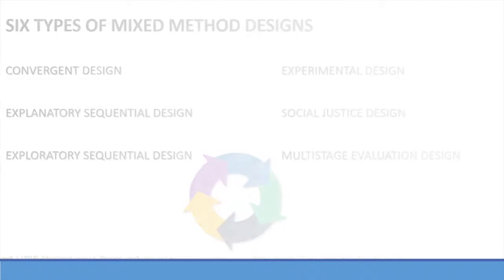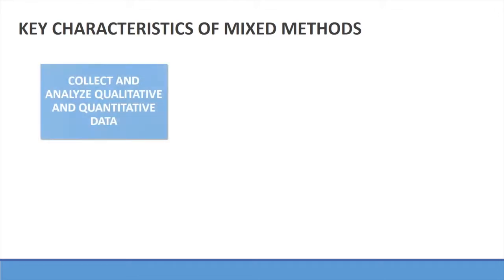There are 8 key characteristics of mixed methods designs. 5 are major characteristics. Collecting and analyzing both quantitative and qualitative data is a key characteristic for all mixed method studies. The methods used to collect the 2 sets of data should be different from one another. For example, the quantitative data could be collected from documents and numeric scores used for analysis.